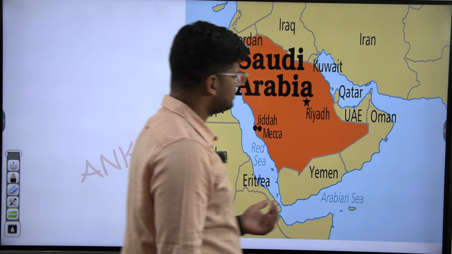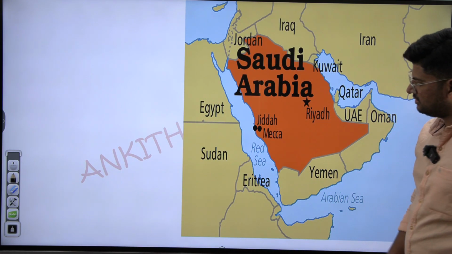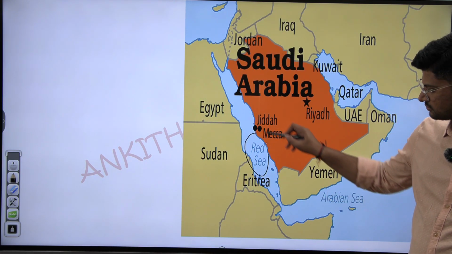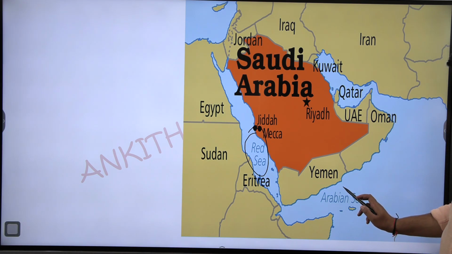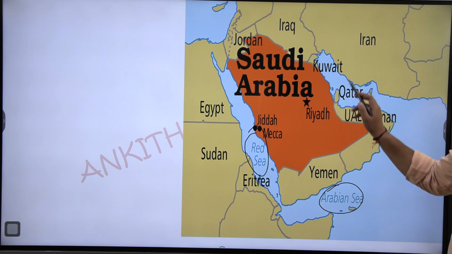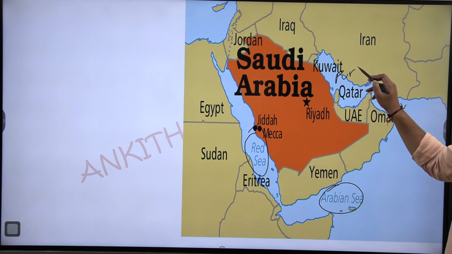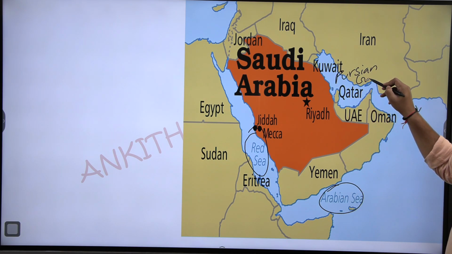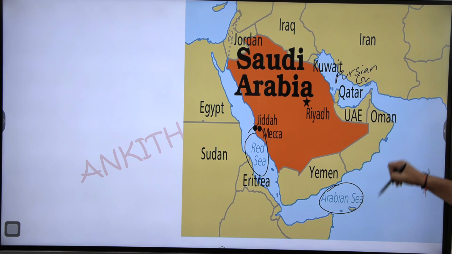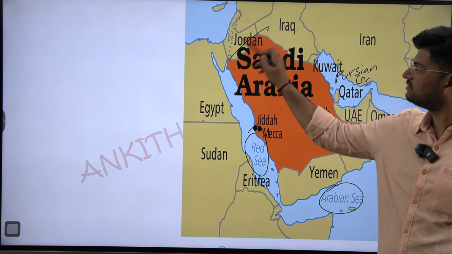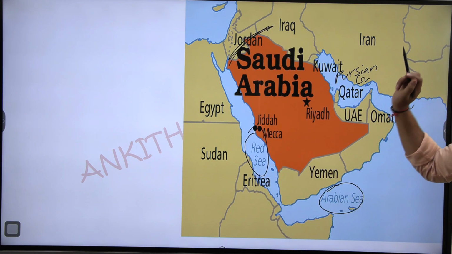So basically Arabia is a little bit of Gulf actually. This is Red Sea, right? Okay. This is Arabian Sea. And this is Persian Gulf. So surrounded by water on three sides and one side with land. So that's why it is an Arabian Peninsula.